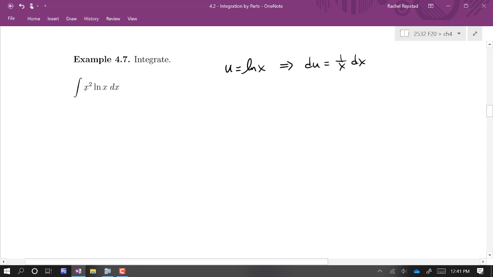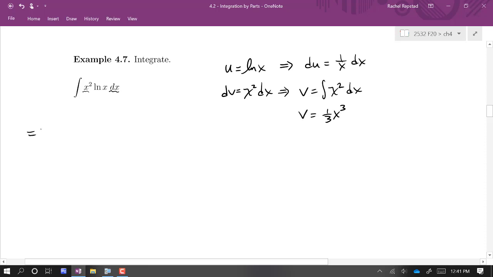That means that dv has to be the remaining factors, which will be x squared dx. And so to find v, we're going to integrate x squared dx, and just take the simplest antiderivative. That's 1/3 x cubed.